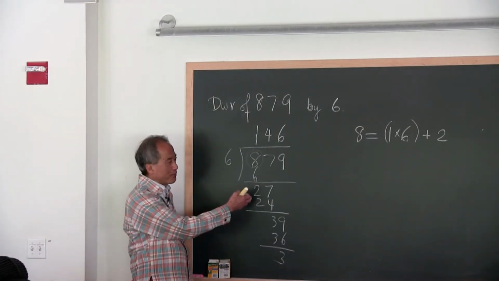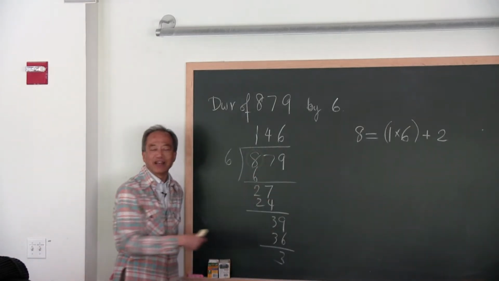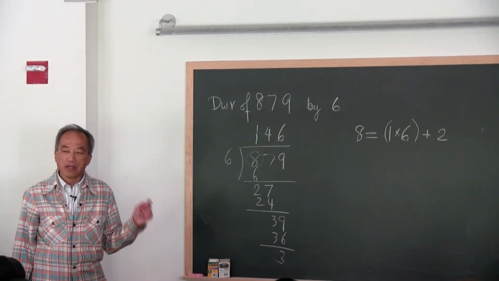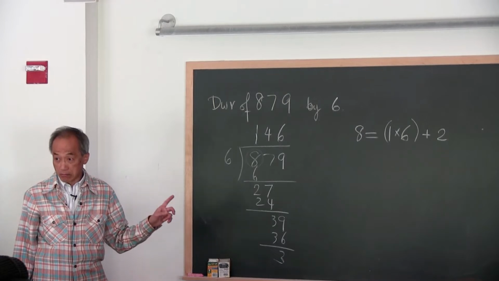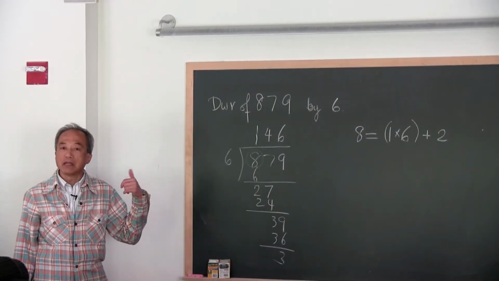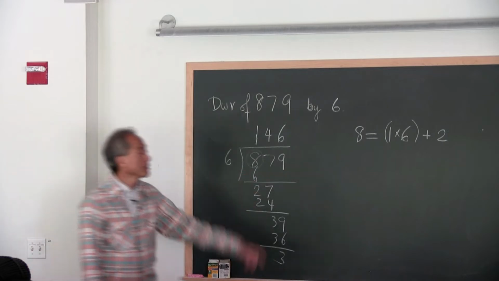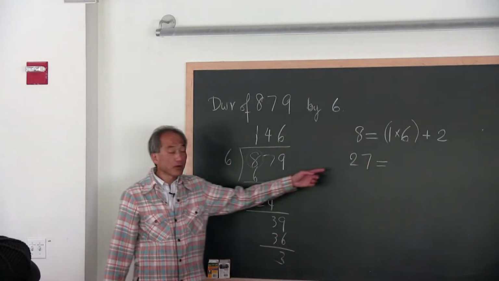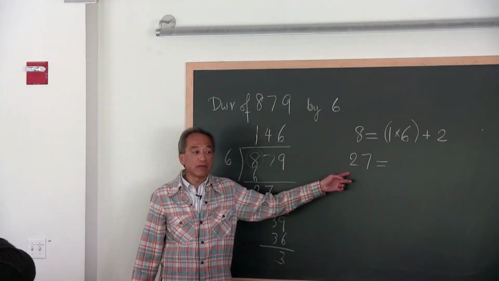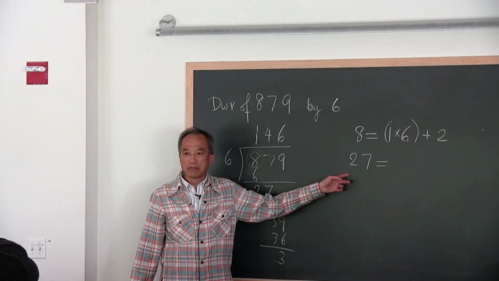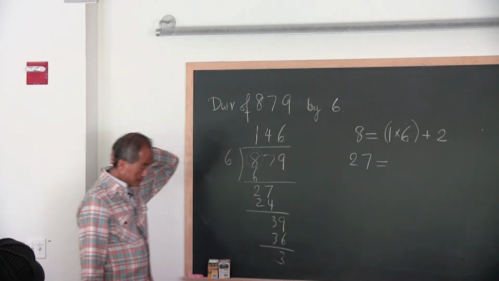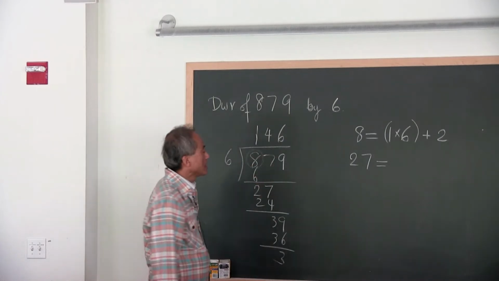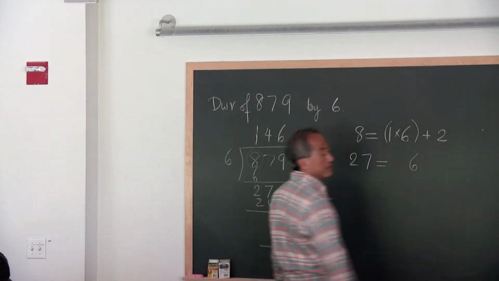And now you notice, you pull down the 7. As I said, that pulling down is not a mathematical procedure. What you're saying is, multiply the remainder by 10, add the next digit to it. So that's exactly how you get 27. I think in the book, instead of writing 27, I actually wrote 20 plus 7. Am I right? I think that's what I did. So 27, again, you always divide by 6.